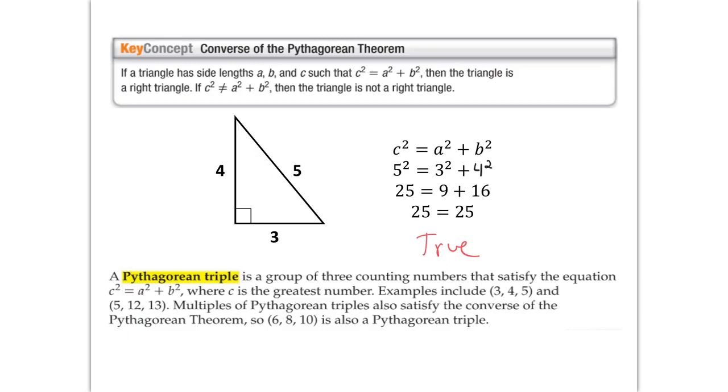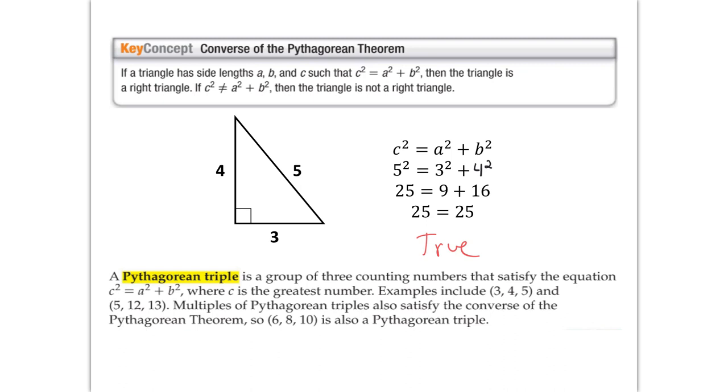Some examples are the ones that we use right now, the 3, the 4, and the 5. Another set of triples are 5, 12, and 13. Now also, multiples of the Pythagorean triples make a right triangle. Multiples are the numbers that you get when counting by those triples.